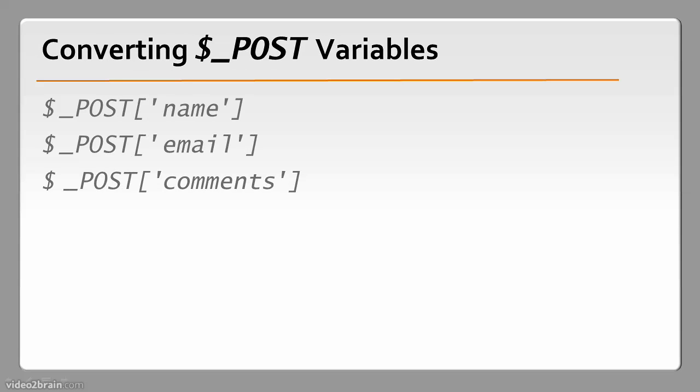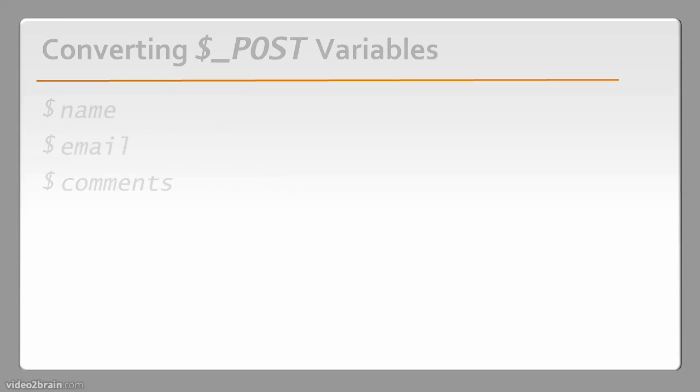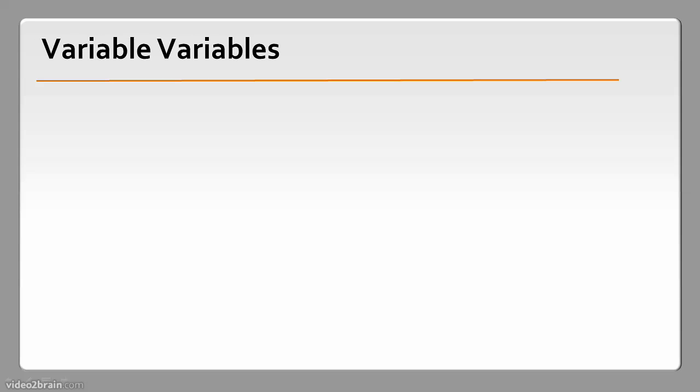What I want to do is to convert the $_POST variables and store their values in simpler variables like this. The way I'm going to do it is by using a PHP construction known as variable variables. Let's say I've got a variable called $key and its value is name.